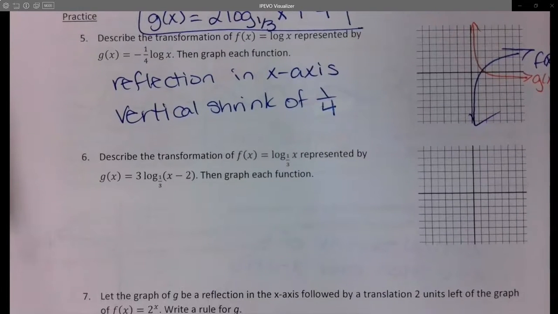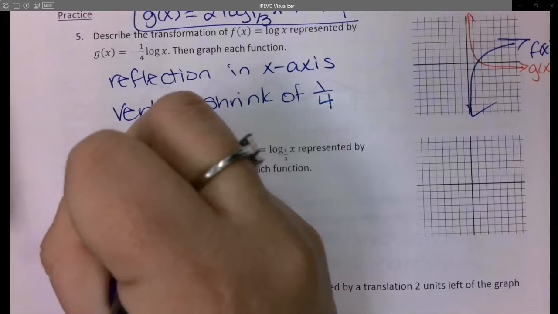Okay, what about number 6? This one has a vertical stretch of 3.